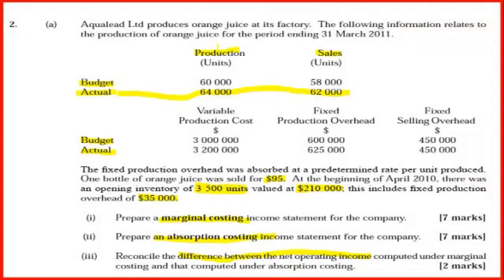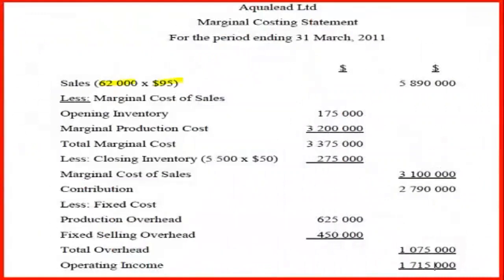The actual sales here, 62,000, and the selling price 95. So we get 58.90 less the marginal cost of sales, the opening inventory 175.